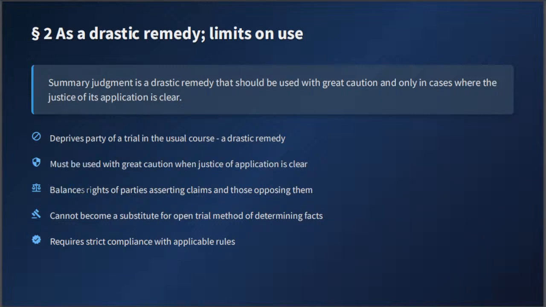It balances the rights of parties asserting claims and those opposing them. So it's a balance of those rights. It cannot become a substitute for the open trial method of determining facts. So when there are truly disputed facts, it's not the proper remedy to resolve those. And it requires strict compliance with applicable rules.